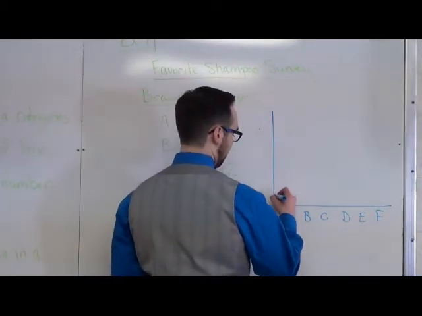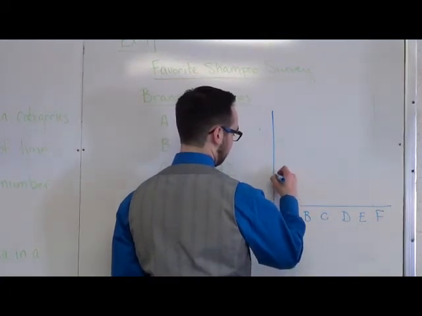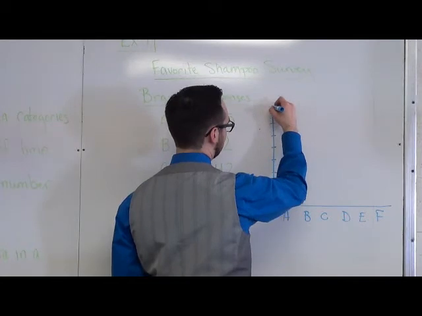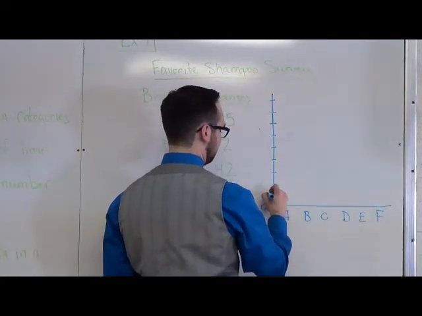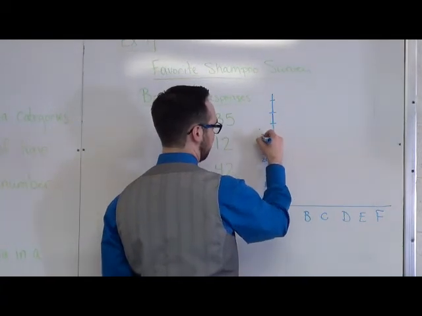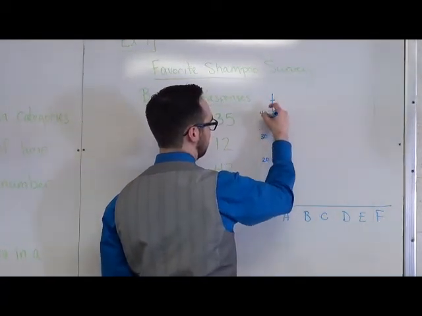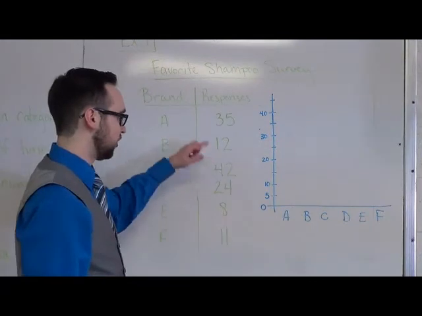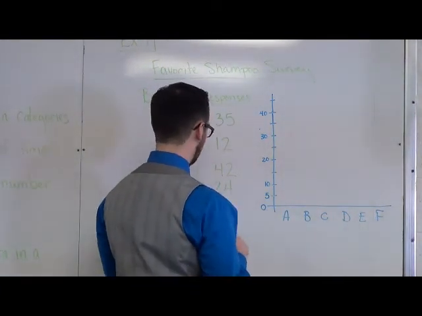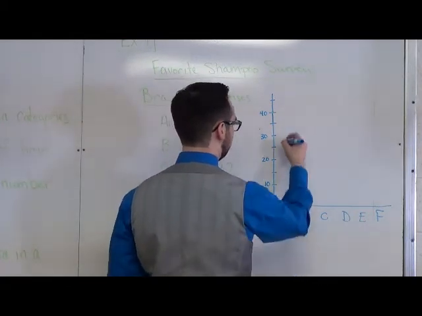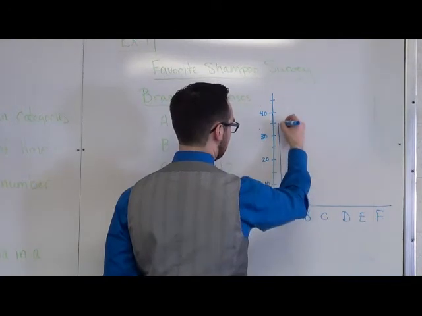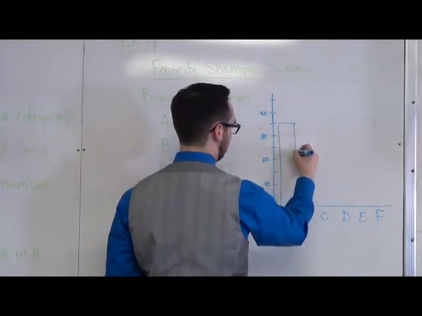So if I go by 5s, we have 5, 10, 15, 20, 25, 30, 35, 40, and then we have 45. And so that way I can go ahead and plot these different things. So for shampoo A, we went all the way up to 35. So I just go up to 35 and I create my bar.